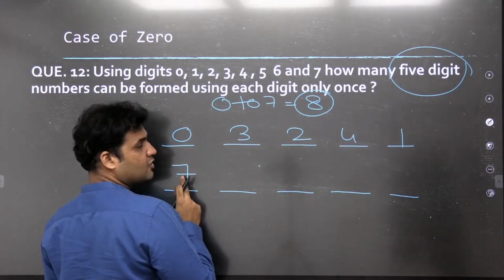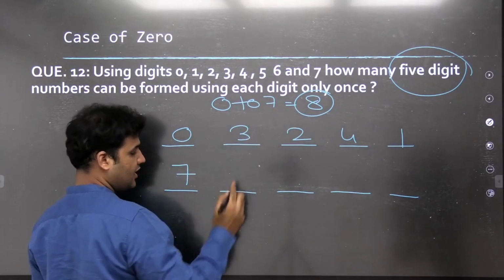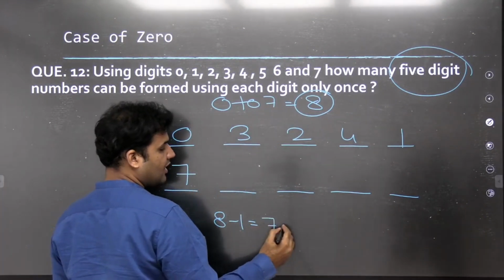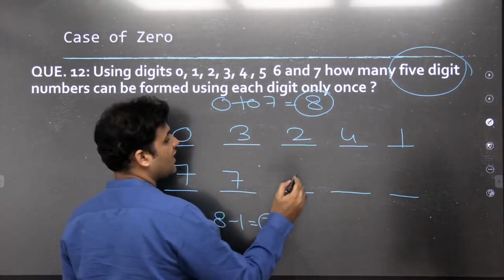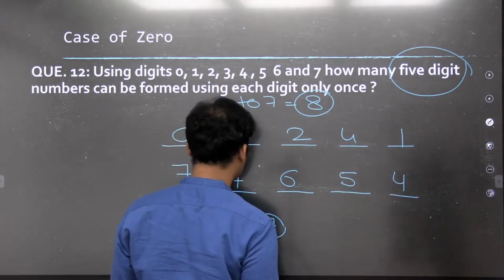Once a digit is placed over here, I will be left with how many digits? I have a total of 8 digits. 1 digit has been used over here. I have 7 more digits for the second position. After that, I have 6 more digits to place, 5 more digits to place, 4 more digits to place.